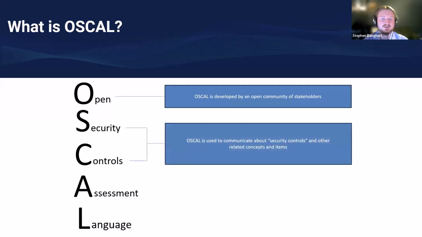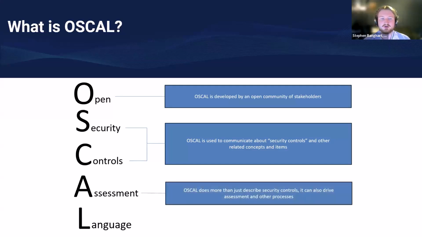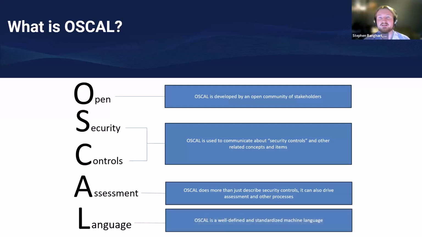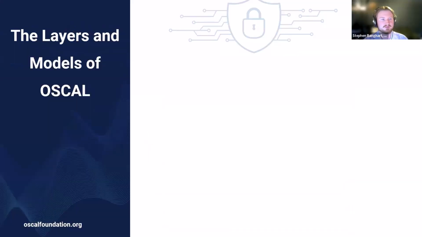We use OSCAL to communicate about security controls and other related items. OSCAL does more than just describe security controls. It drives assessment and other processes, and it's a well-defined and standardized machine language. So let's jump then into the meat of our presentation.